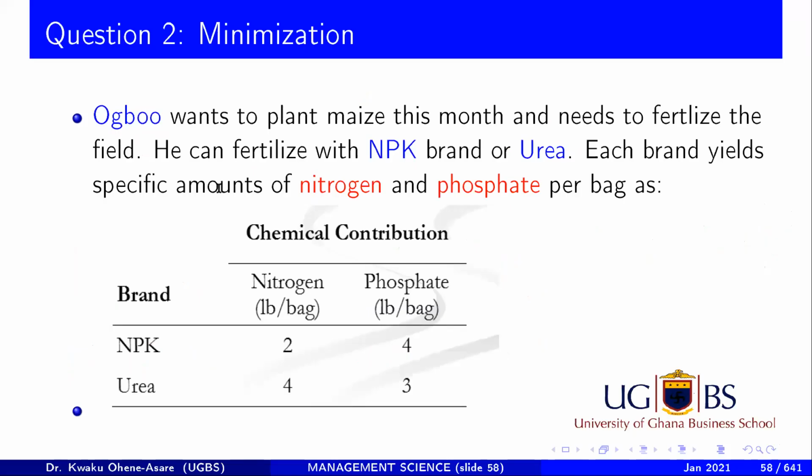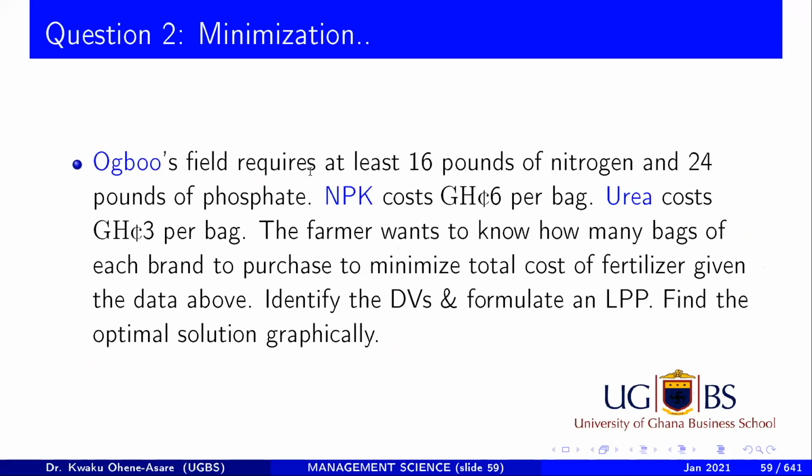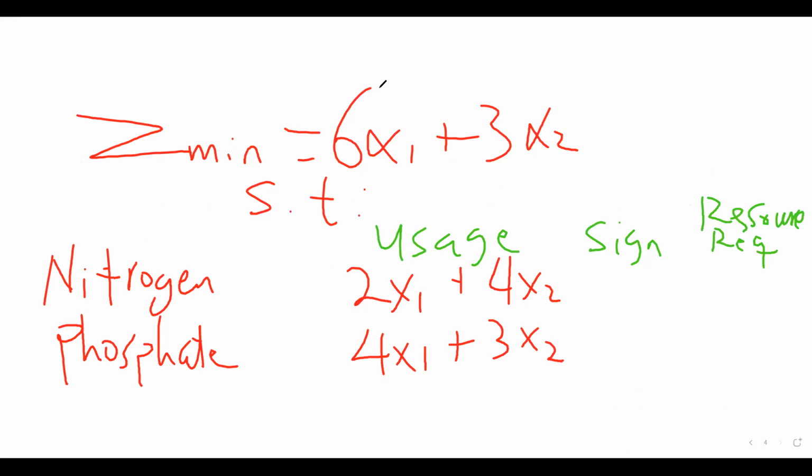It says that Ogbo's field requires, that's a resource, at least 16 pounds of nitrogen and 24 pounds of phosphate. So what is the resource requirement for nitrogen and what is the resource requirement for phosphate? It's very simple. We're talking about those two.